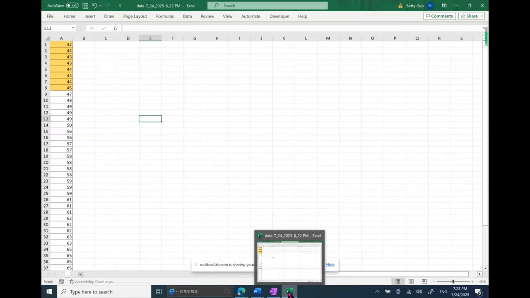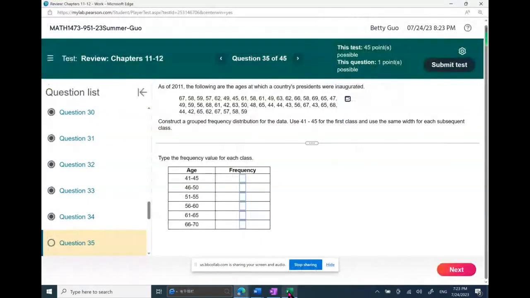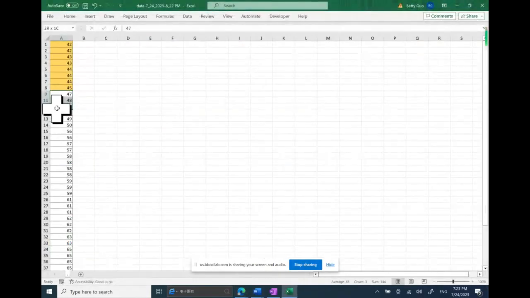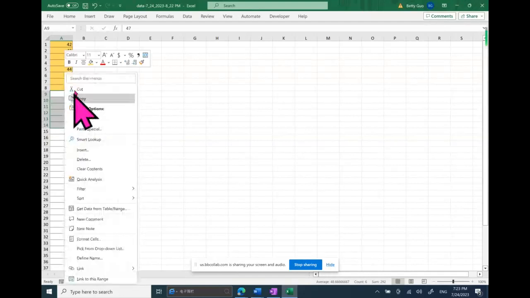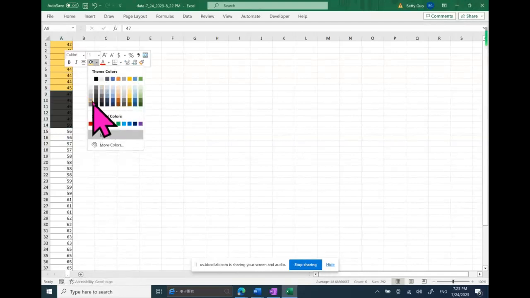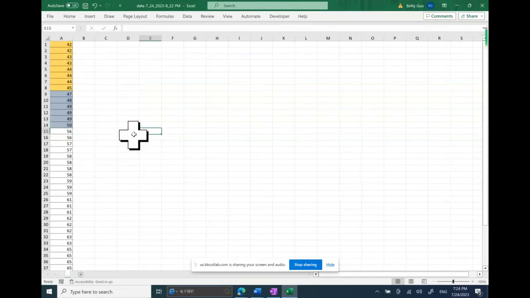That's the first class. I'm going to color them differently for each class. The first class is 41 to 45. Second class is 46 to 50. I'm going to color them blue or whatever the color is here. 46 to 50.